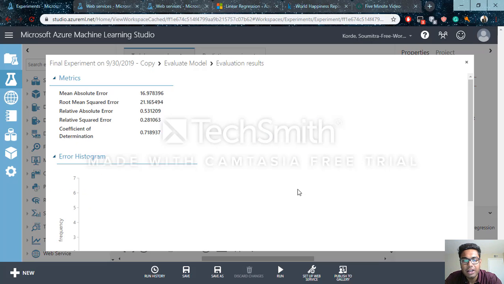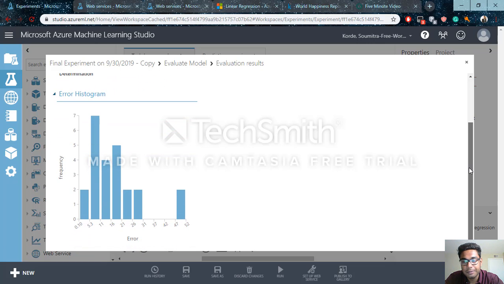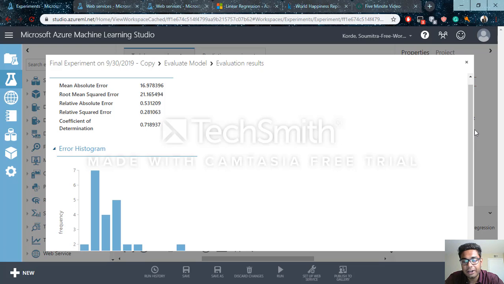After visualizing the evaluate model, we are getting the metrics, which measure whether the model is accurate or good enough to predict whatever we are supposed to predict. The metrics we have here are mean absolute error, root mean squared error, relative absolute error, and relative squared error.